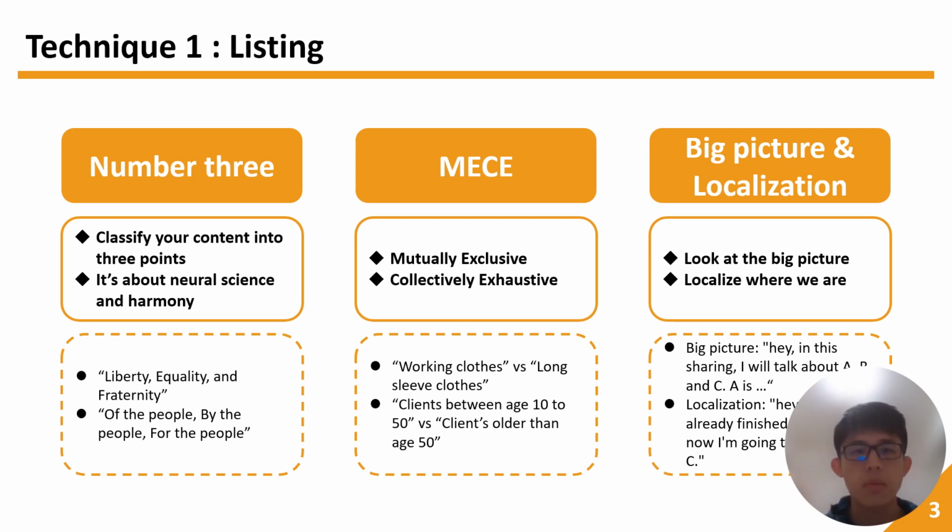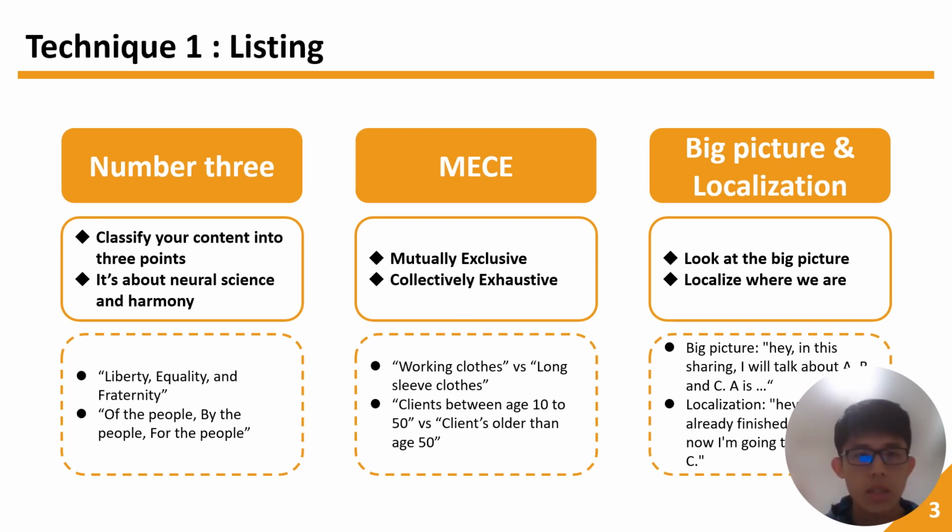The reason for this is about neuroscience. The human brain just gets used to the number three. That makes us feel harmony. So take for example, the slogan of the French Revolution: liberty, equality, and fraternity.